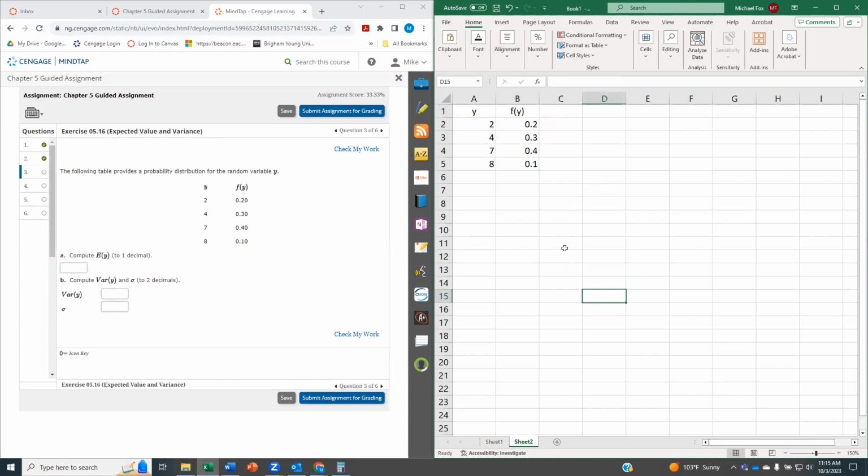All right, so to find our expected value, all we're going to do is multiply the value of y times the probability of that. We can do that all the way down, take the sum of it, and that's our expected value.